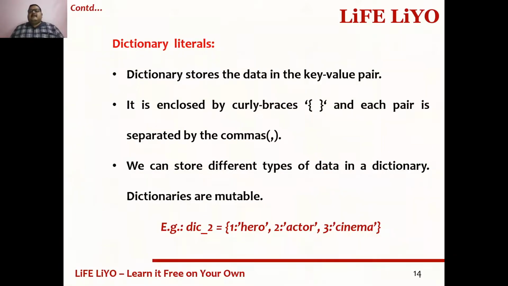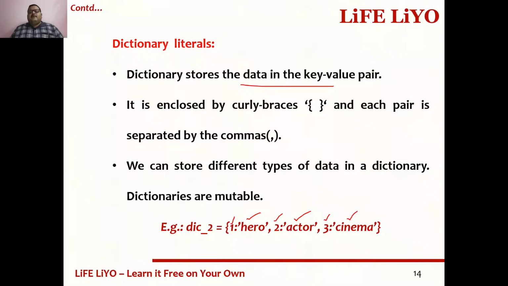Dictionary literals. A dictionary means nothing but a keyword and its respective meaning. Like that, in Python, a dictionary stores data in the key-value pair concept. Here, each key and its respective value are stored separated by a colon, and the pairs are separated by commas and enclosed in curly braces. For example, 1 is a key, colon, the value is hero. 2 is a key, the value is actor. 3 is a key and the value is cinema.